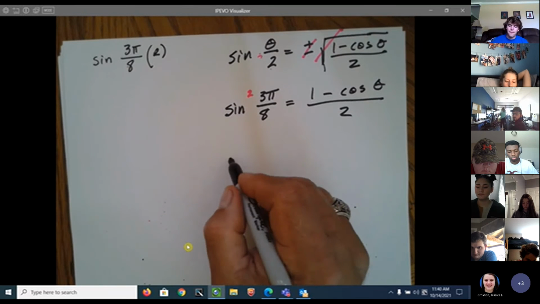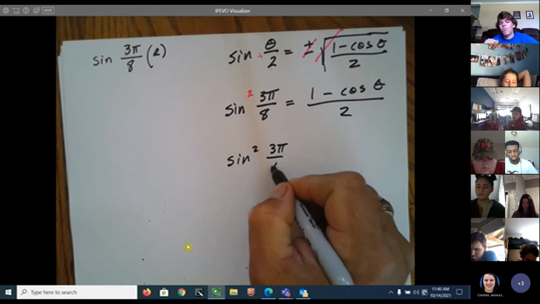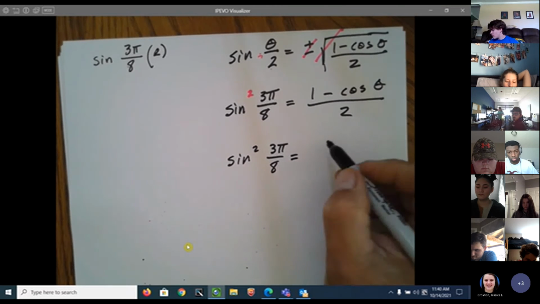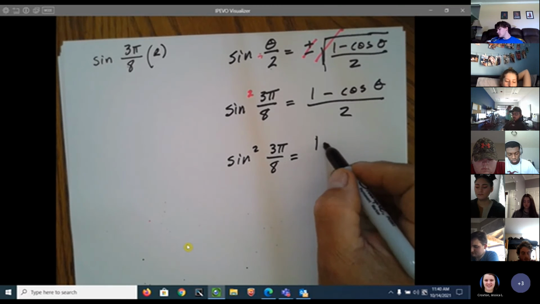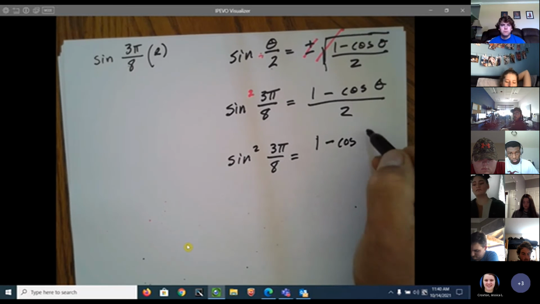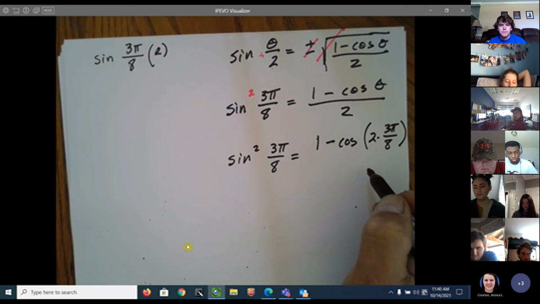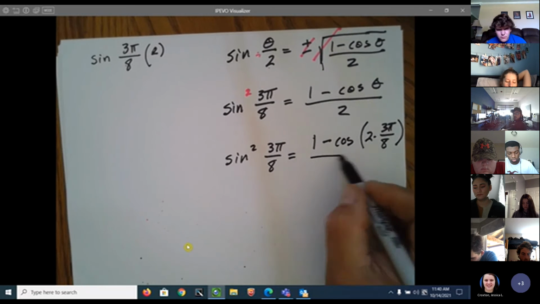So sine squared of 3 pi over 8 is equal to 1 minus the cosine of 2 times 3 pi over 8, all over 2.